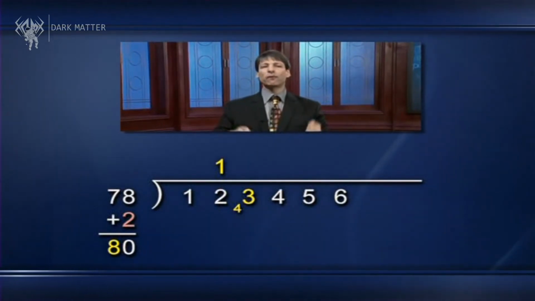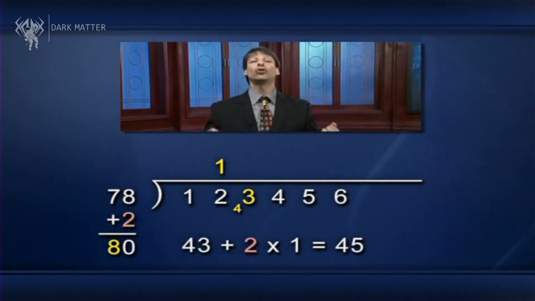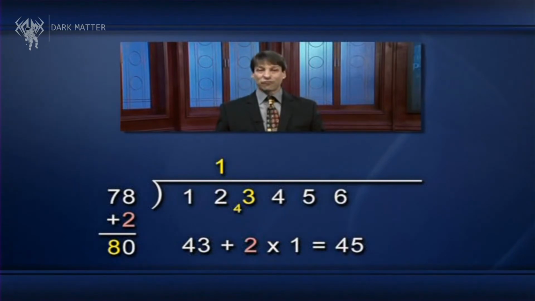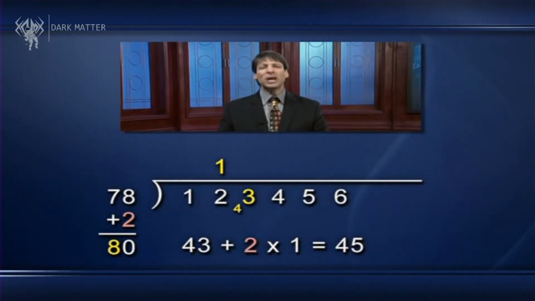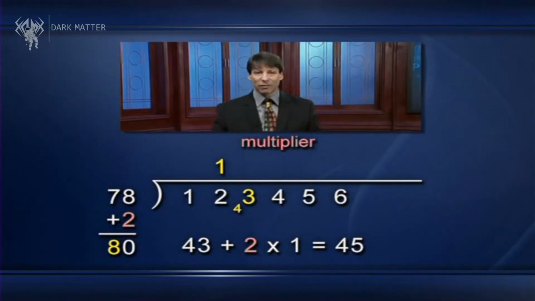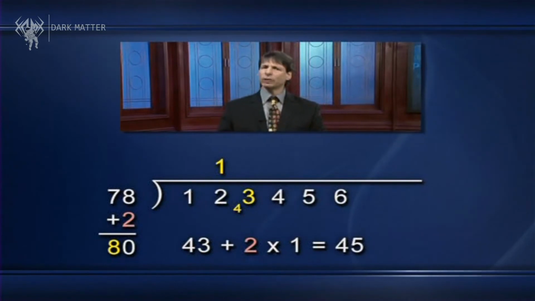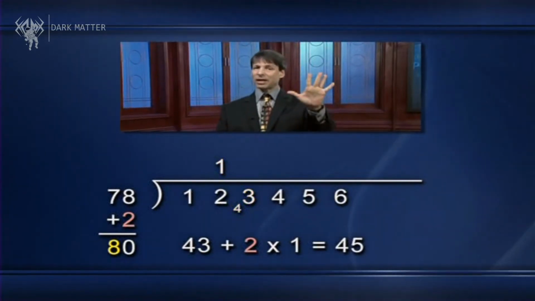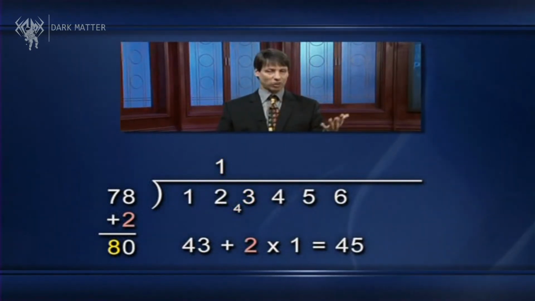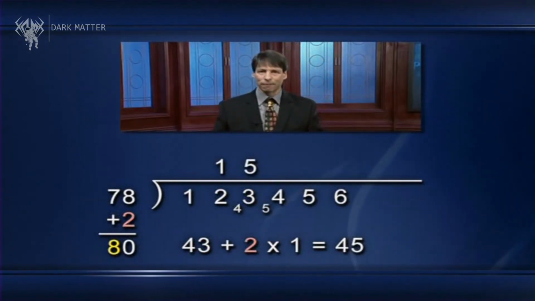So instead of doing 43 plus 1, I do 43 plus 2 to get 45. That 2 is a number that I call the multiplier, and it'll be used in every step of this problem. Okay, so how many times does 8 go into 45? 5 times with a remainder of 5. So as usual, the 5 goes up, the remainder 5 goes down.